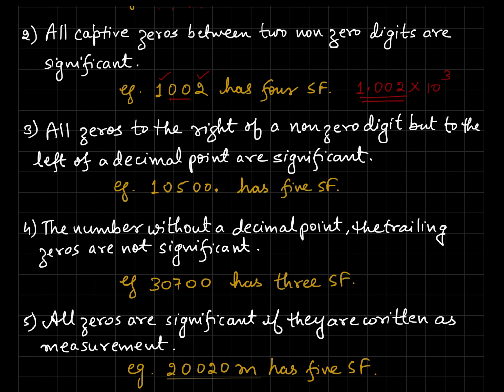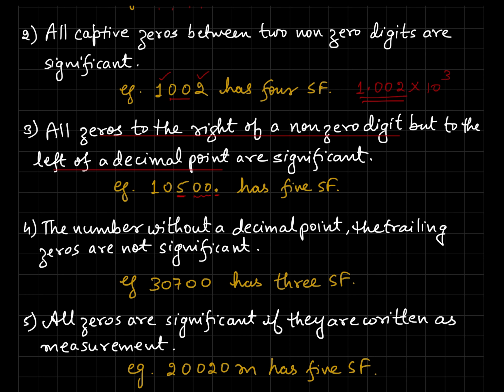All zeros to the right of a non-zero digit but to the left of a decimal point are significant. I have written one example: 10,500 point. Which zeros are we talking about? All zeros to the right of a non-zero digit but to the left of a decimal point. These zeros are important because they are to the left of a decimal point but to the right of a non-zero digit.